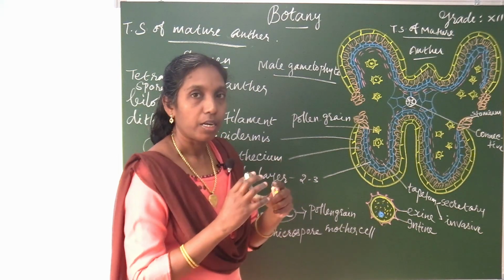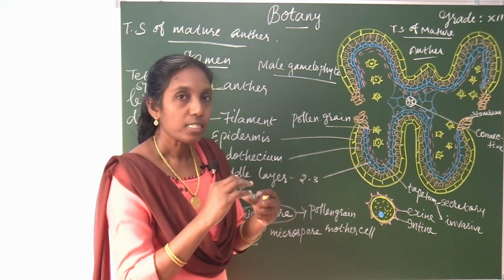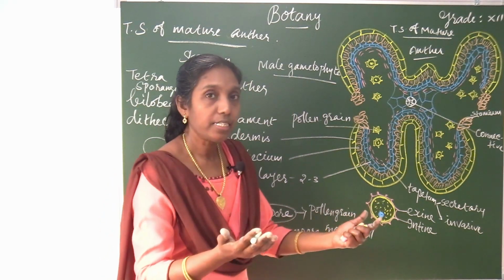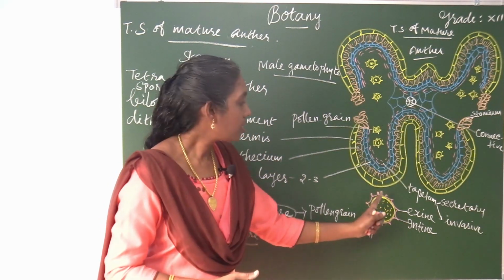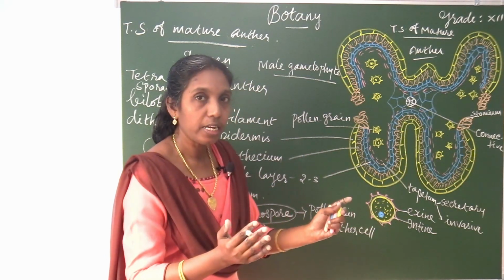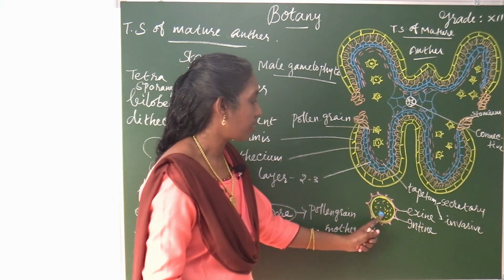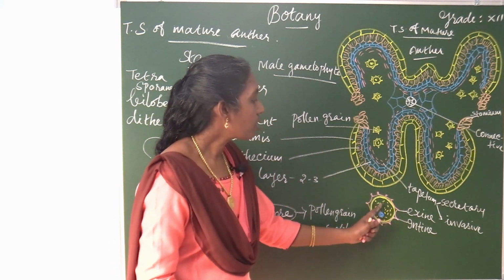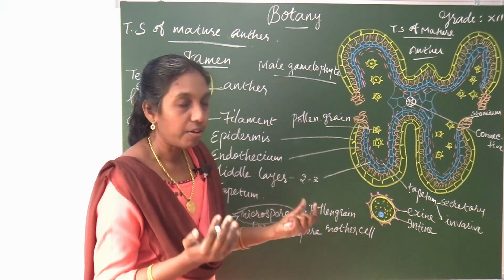Now this microspore consists of a nucleus and dense cytoplasm, because later, when this anther is mature, it becomes the pollen grain. This is the structure of the pollen grain, which consists of an outer wall layer, dense cytoplasm as well as a prominent nucleus. Now the nucleus of this pollen grain starts to divide.